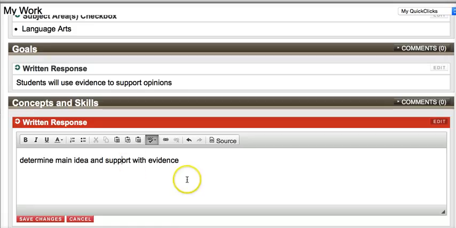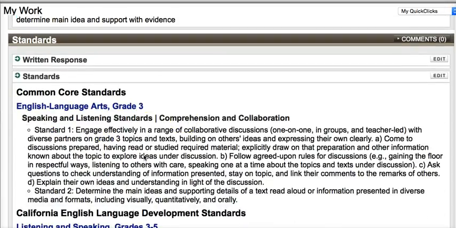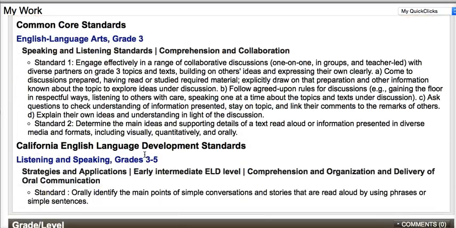That's what we're going to do today. We're going to determine main idea and support with evidence. That's it. We know what the Common Core standard is. We know the English Language Development Standard.